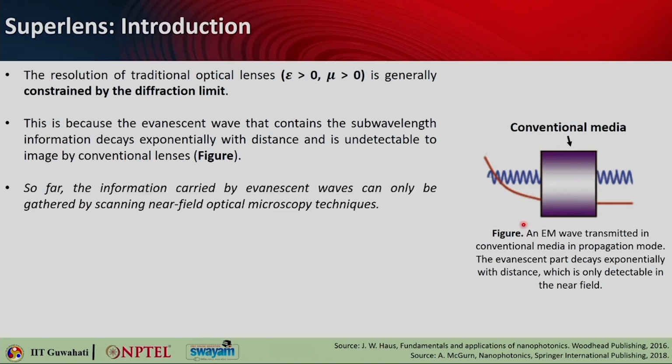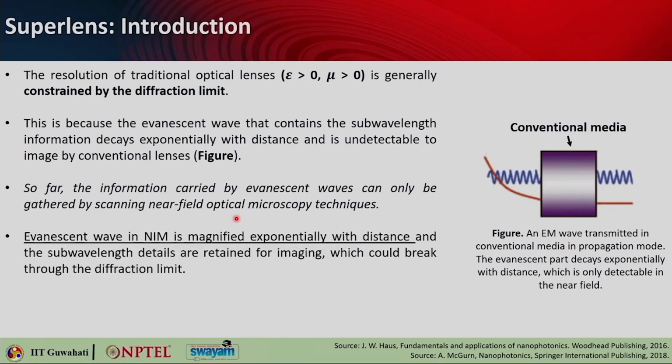So far, the information carried by these evanescent waves can only be gathered by NSOM, that is, near field optical microscopy techniques. Now, in negative refractive index media, there is something magical that happens with this evanescent wave.